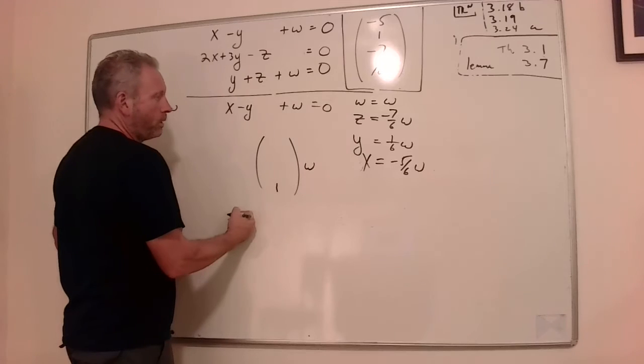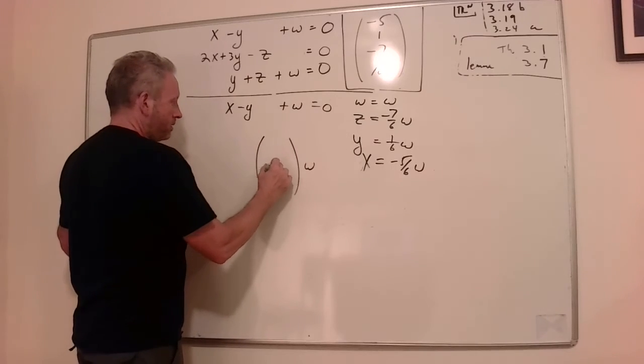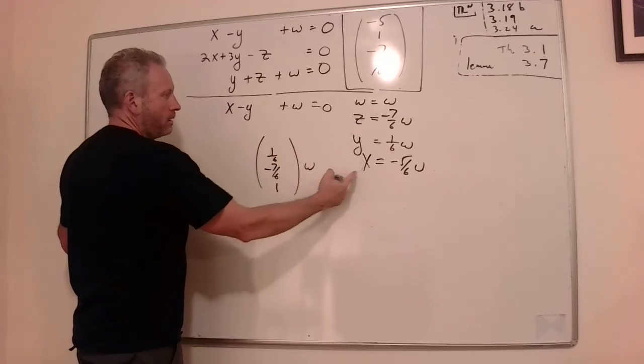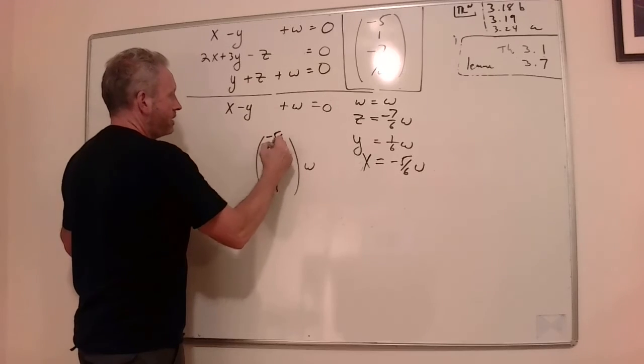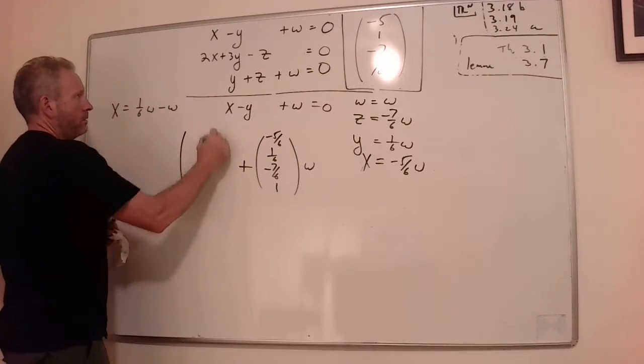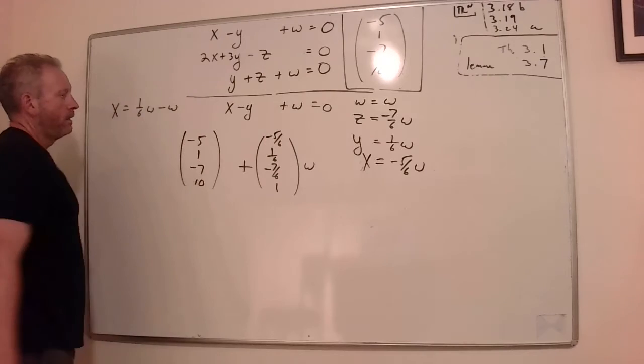W is w, so we'll put a 1 there. What is z? -7/6. What is y? 1/6. What is x? -5/6. And then we add it to the particular solution: -5, 1, -7, 10. There's our solution.